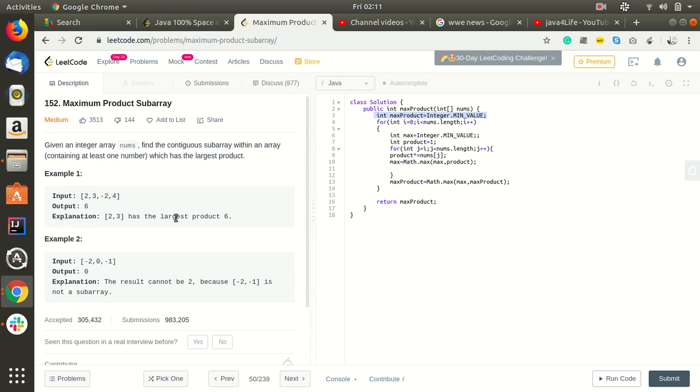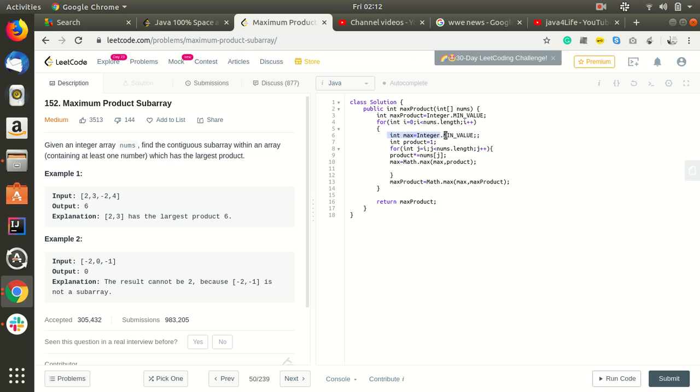Suppose this is the array, we will first be checking all the size 1 elements, then size 2, then size 3, and size 4. So we will be needing 3 for loops if we do this by the brute force approach. The other approach I have used is the dynamic programming approach.